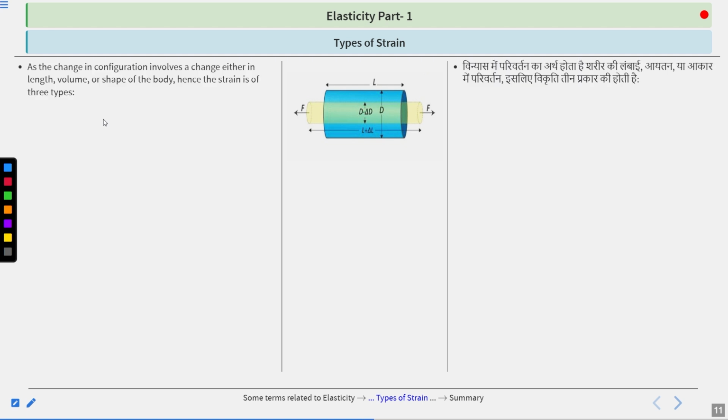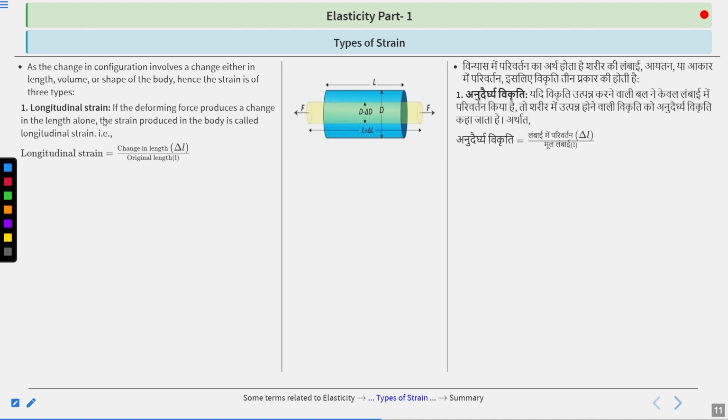Now the types of strain. As the change in configuration involves a change either in length, volume, or shape of the body, hence the strain is also of three types. First is longitudinal strain. If the deforming force produces a change in the length alone and no other factors are changed, the strain produced in the body is called the longitudinal strain.